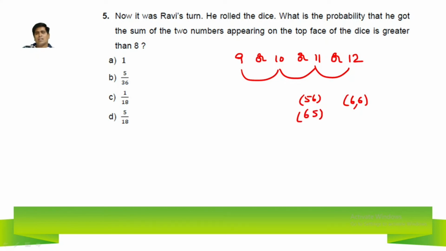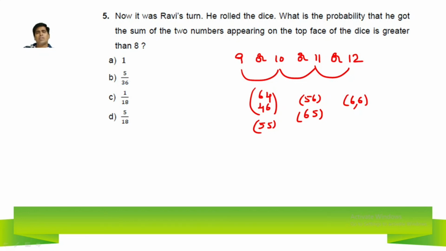That's it, other than this we don't have a possibility. For 10 it is 6 4, 4 6, and one more, 5 5. Other than this, we cannot go further. So only 3 possibilities are there to get 10.